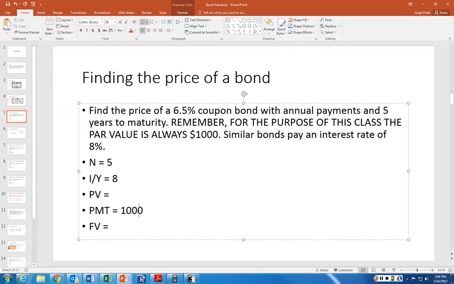The payment is $1,000 par value times coupon rate 6.5% equals 65, and future value always 1,000. Some students find the payment by multiplying the bond price times the coupon rate. Some students multiply the face value times the rate, like in this case 8%, and they use 80. Be careful not to make that mistake.